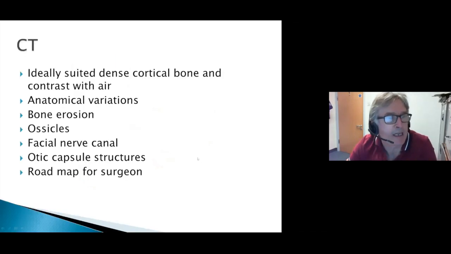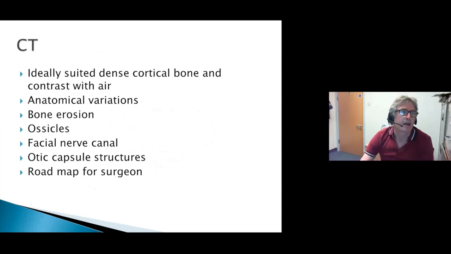So CT is fantastic for looking at the contrast between dense cortical bone and air. CT is also great for anatomical variations, which we see pretty much in every petrous bone we look at. There's always going to be some variation, whether it's to do with pneumatization of the mastoid air cells or other features.